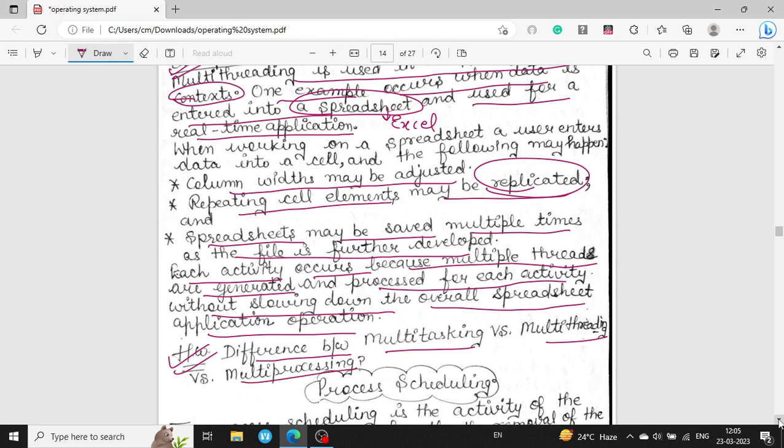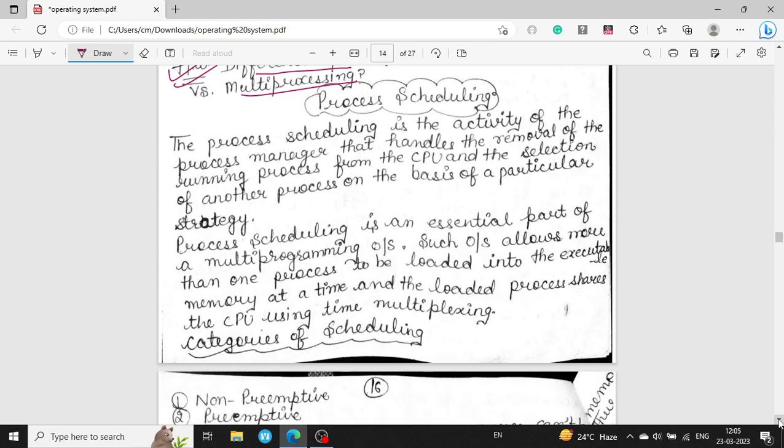Now the next topic is process scheduling. Process scheduling is the activity of the process manager who handles the removal of a running process from the CPU and the selection of another process on the basis of a particular strategy, particular policy, particular condition.